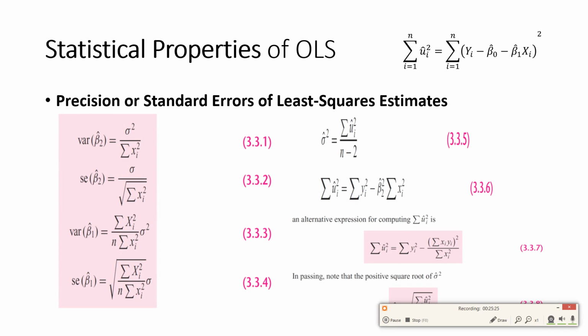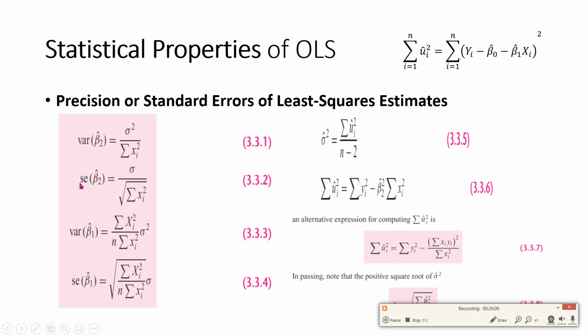Why is it important? You will shortly understand. Next we discuss the concept of precision or standard error, which is directly linked with the variance formula that we have just derived. We derived that the variance of beta 2 hat is equal to sigma squared divided by sum of xi squared. If I take the square root of this, we call it the standard error of beta 2 hat, which means the sample to sample expected variation in the value of beta 2 hat.